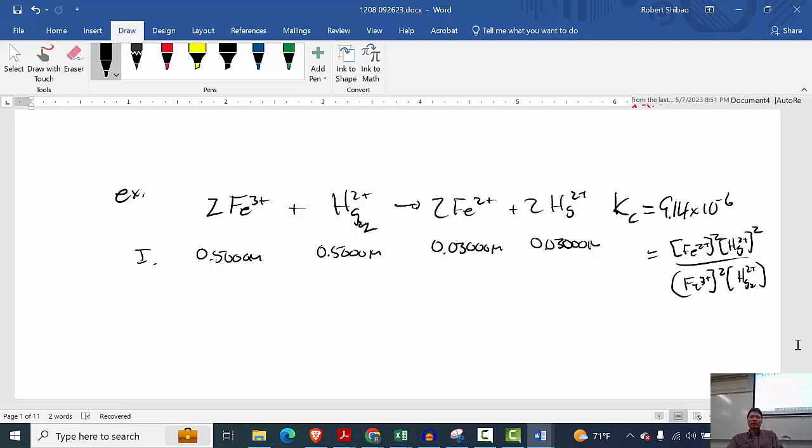So what does this favor? 10 to the minus 6, is that going to favor the products or the reactants? Reactants. This favors the reactants.